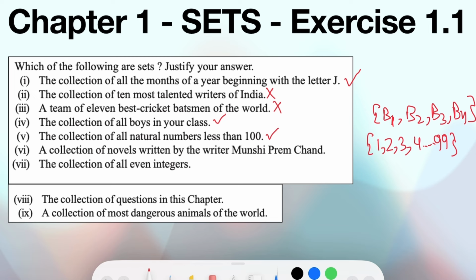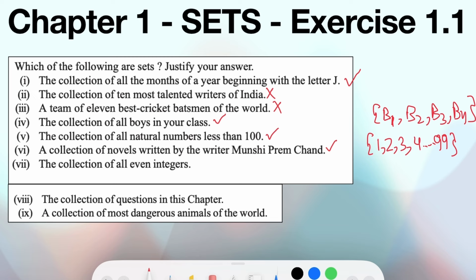A collection of novels written by the writer Munshi Premchand. So the novels are limited in nature, so they can be well defined in terms of set. So it can be considered as a set. The collection of all even integers. So if we represent it in roster form, then the collection of all even integers can be represented in the form of a set.